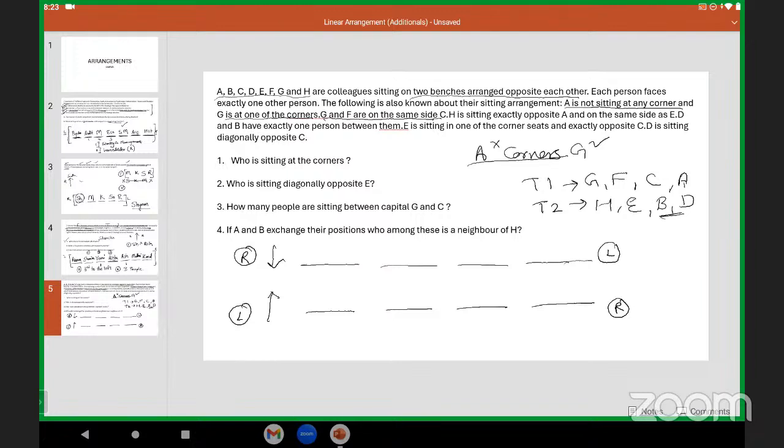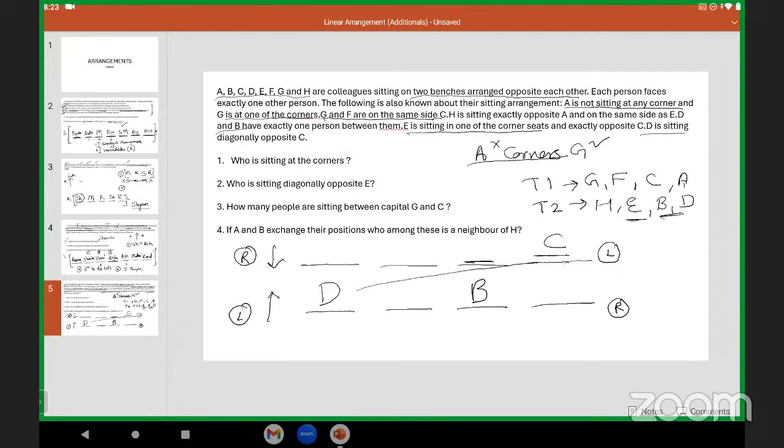And D is sitting diagonally opposite C. So D has to be over here for C to be diagonally opposite. Okay, so C will be over here. And there is exactly one person sitting between D and B.